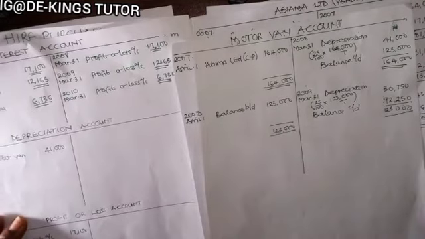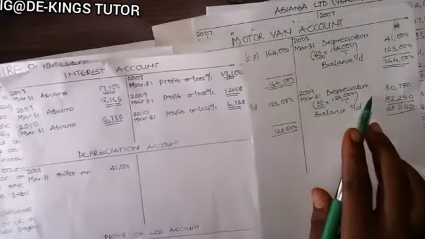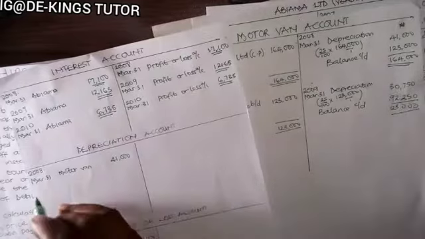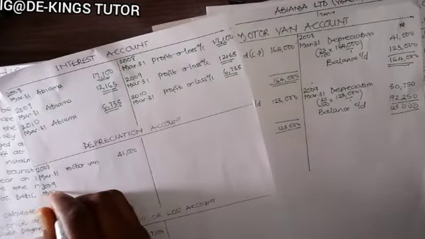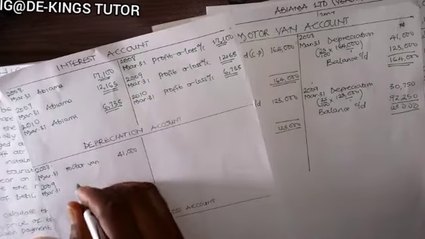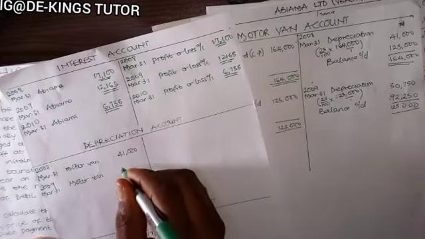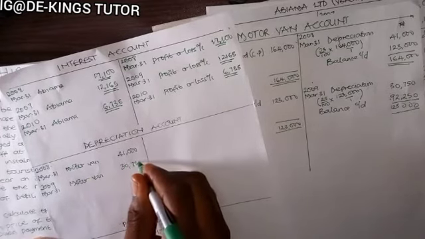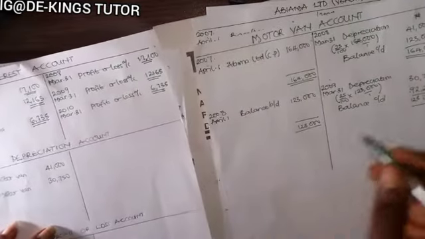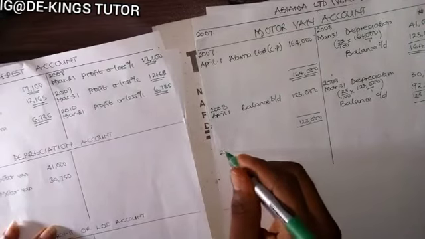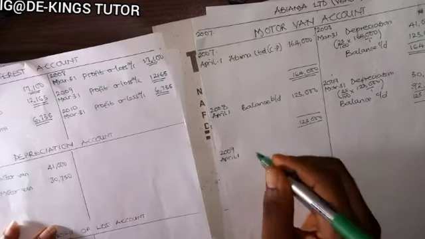Okay, so at this point, once it is 30,750 here, the corresponding entry comes here in 2009, March 31st in depreciation. So you have motor van 30,750.